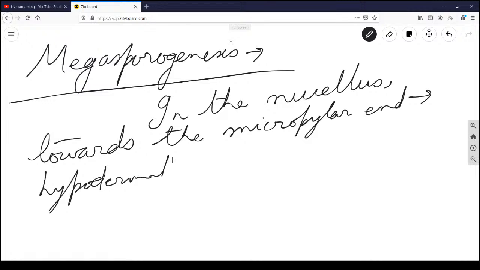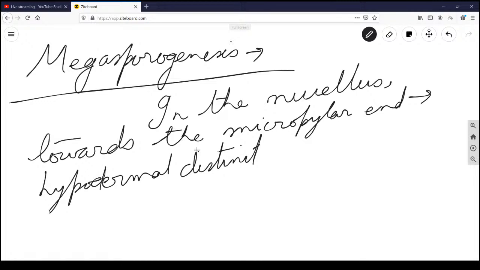Very, very important, this is. Hypodermal distinct archisporial cell.